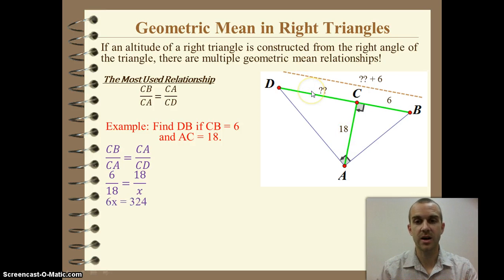I cross multiply, divide by 6, and get 54. So that means CD is 54. To find the length of DB, I can use the segment addition postulate. 54 plus 6 gives me 60. So I know the entire length of DB is 60.